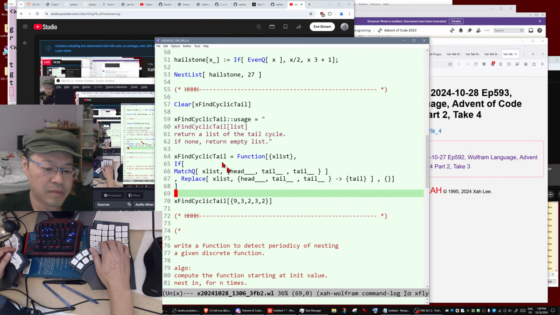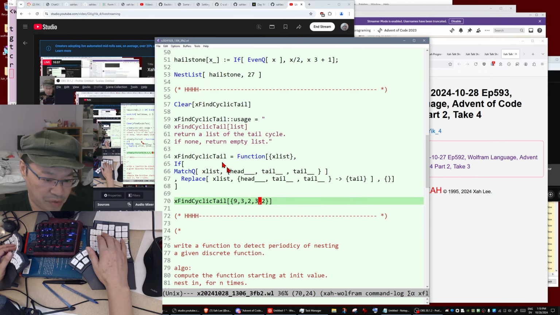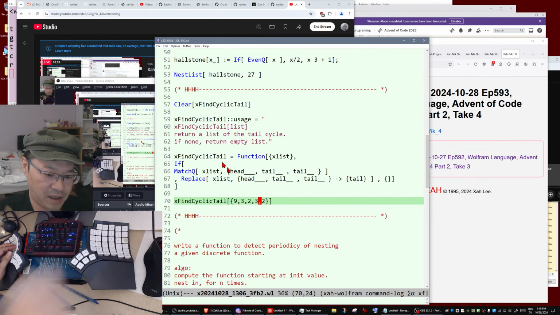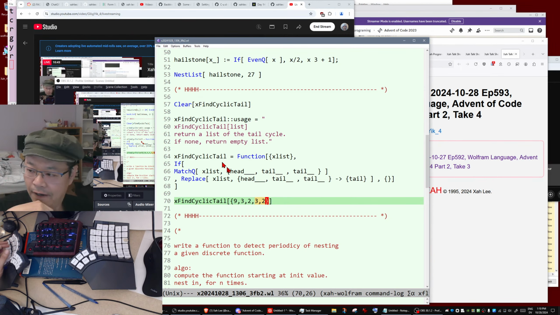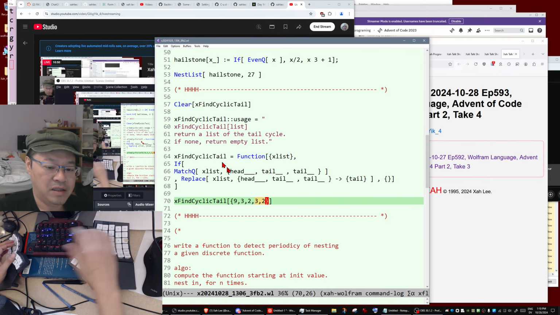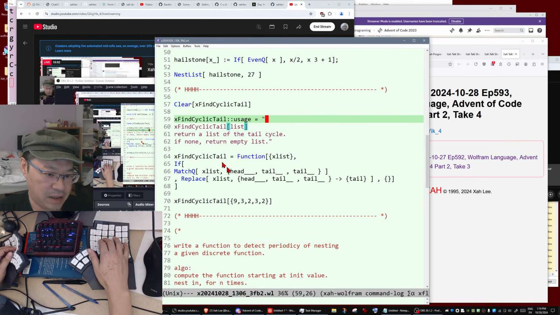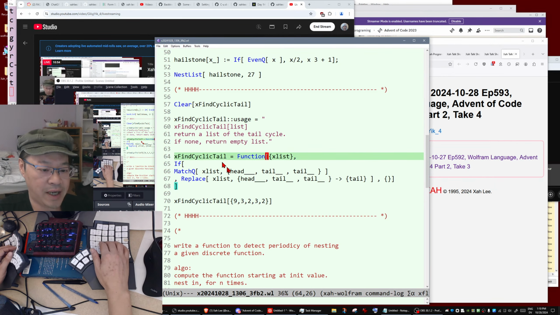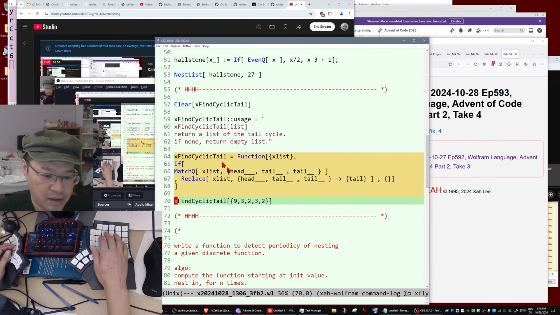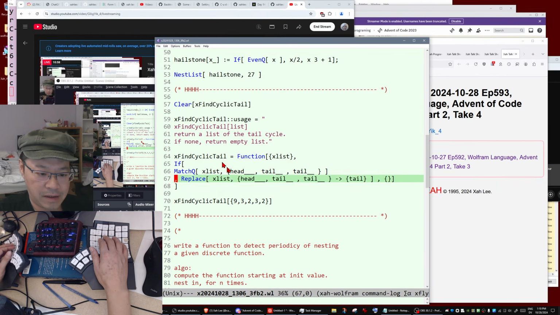For example, if 93232, then it will return 32 because the 32 is repeating. If it's 9323211, it will return 1 because that 1 is repeating. So this is a function we want to write, and we have the answer from yesterday. And the answer is that.